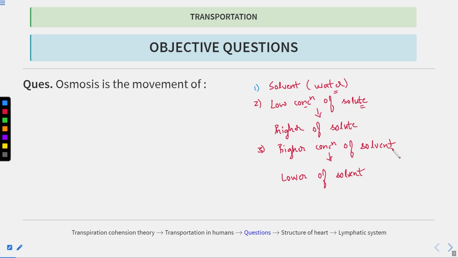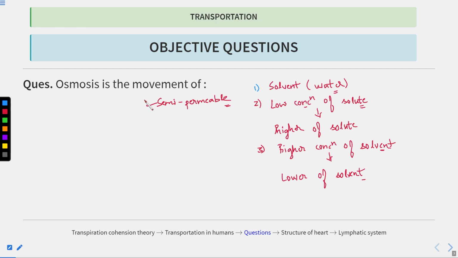So this is similar to diffusion, but here we are using the term solvent and not solute. These are the conditions required for osmosis. Apart from this, osmosis takes place in the presence of a semi-permeable membrane. Cells have the plasma membrane, and that plasma membrane acts as a semi-permeable membrane.